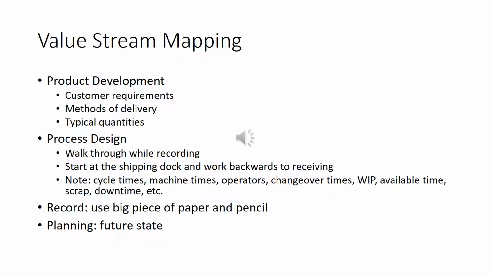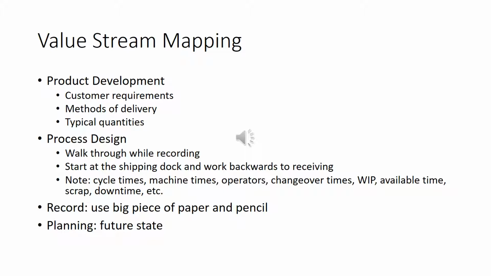What you do is you walk through the process while recording everything, right? You want to start at the back, the shipping dock, where it leaves, and work backwards to receiving. And while you're doing that, you're looking at cycle times, machine times, operators, changeover times, WIP, available time, scrap, downtime, etc. I use a factory example, but this also works in a service type product.